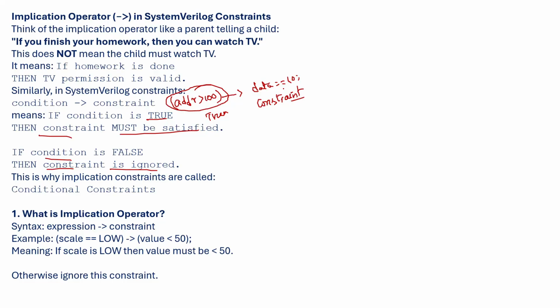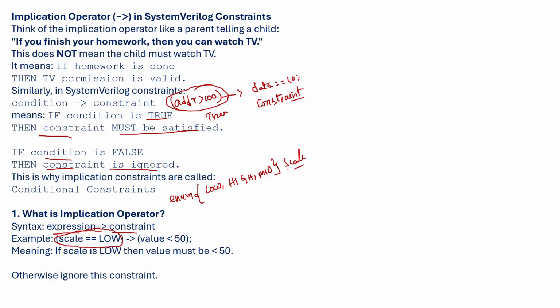See here, I have an expression and some constraint. Suppose your scale should be low. I am taking an enum data type, in which I have low, high, and mid. This is my scale range, and the handle is scale.